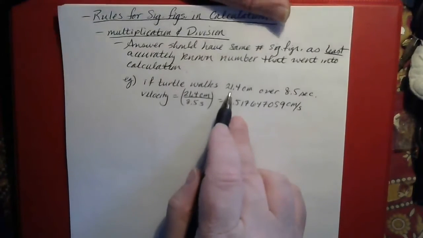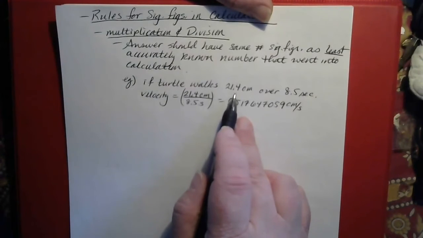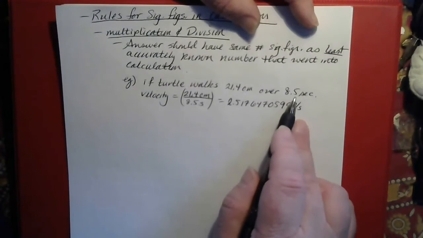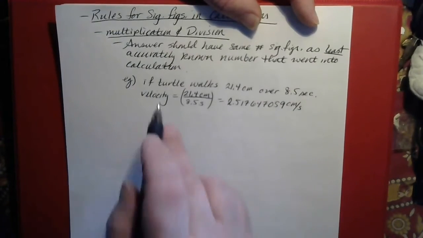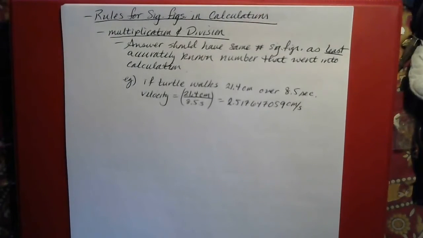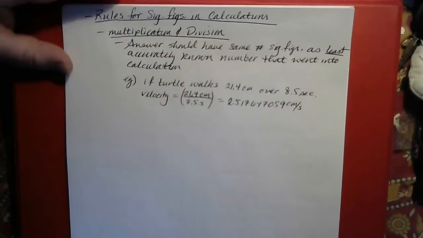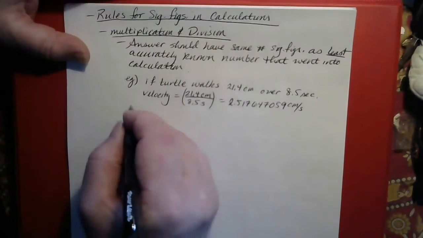So it assumes that 21.4 is 21.40000 on to infinity. And it assumes 8.5 is actually 8.50000 on to infinity. And it divides those numbers and it gives you this huge thing. So what we have to do when we're doing calculations is sort of correct for the calculator. We sort of have to keep an eye on the calculator and make sure that it doesn't overstate things.